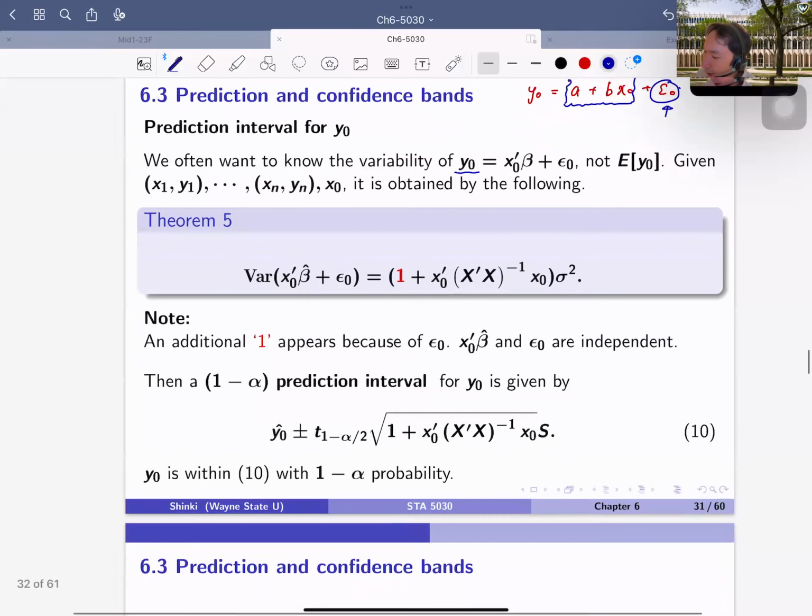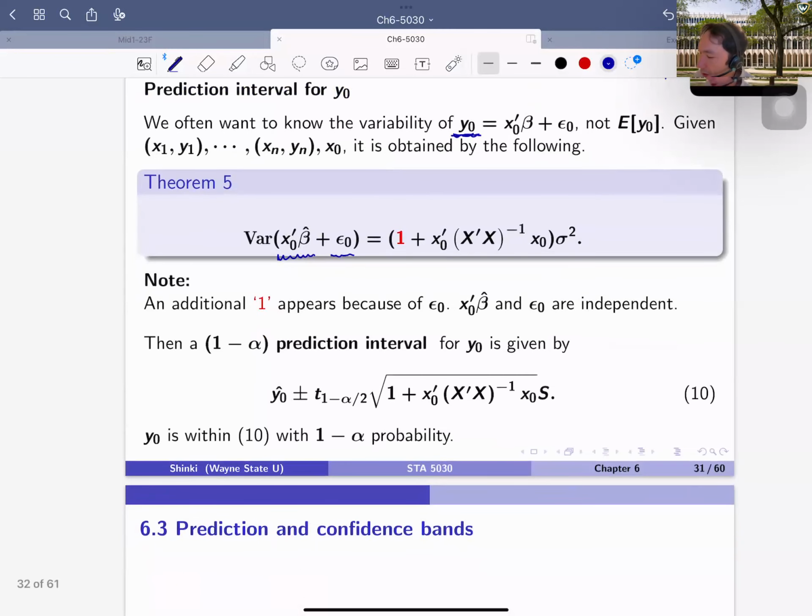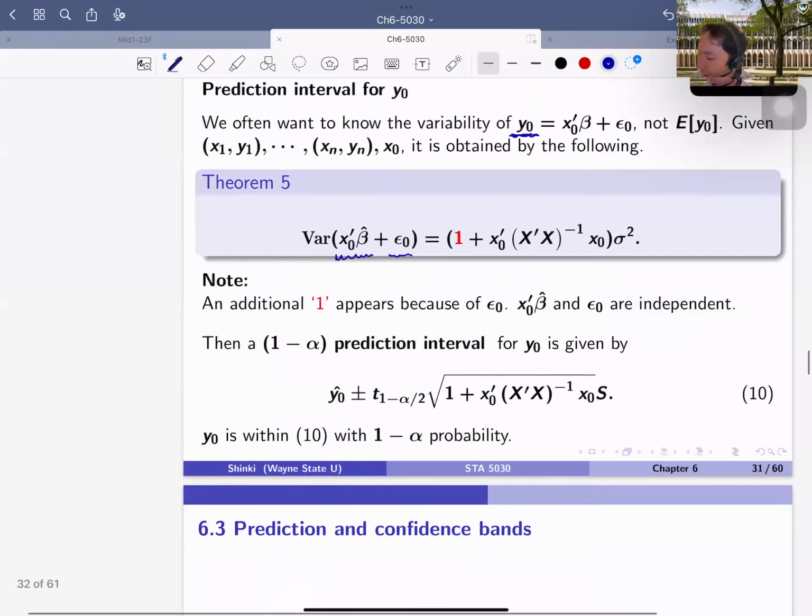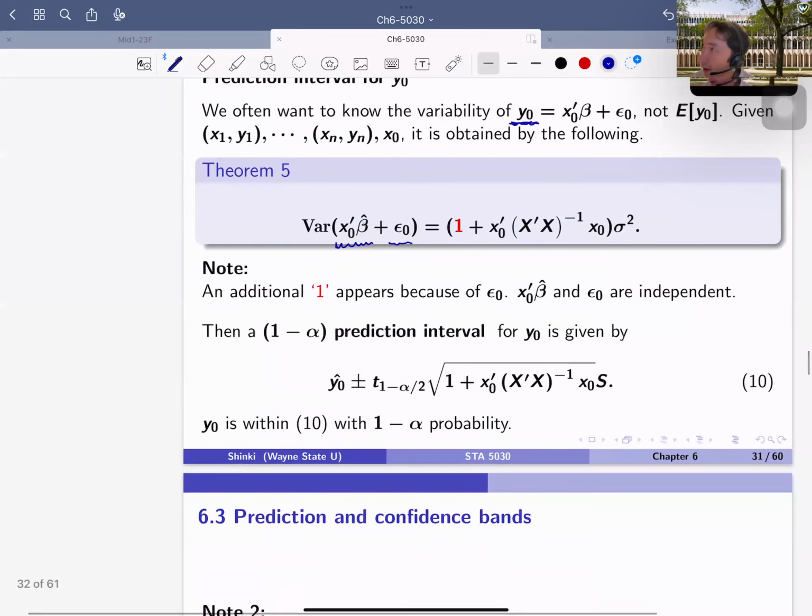To estimate y naught, we have to use beta hat, A hat and B hat. But the variability of y naught also comes from epsilon naught, right? So we have to add two random variables to evaluate the variability of the estimate of y naught.